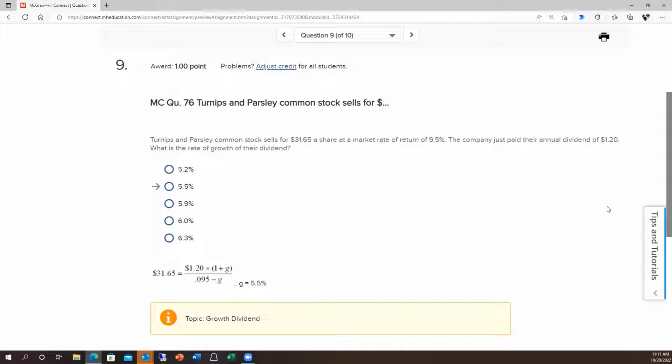Mr. Osawogwu, is that D1 or D0? D0. Very good. D0 is equal to 1.20. And they're asking what is the growth rate of their dividend? Oh, this gets nasty. Okay, so I'm going to stop sharing the screen now.